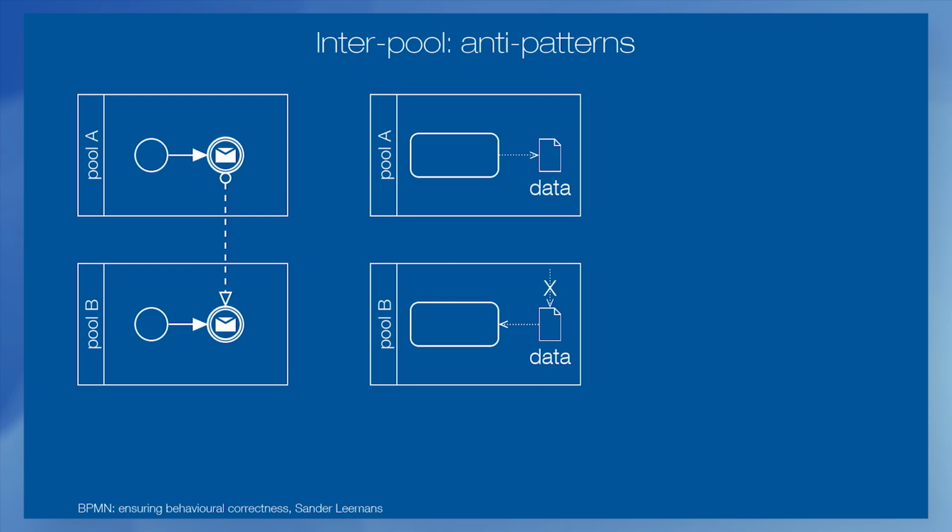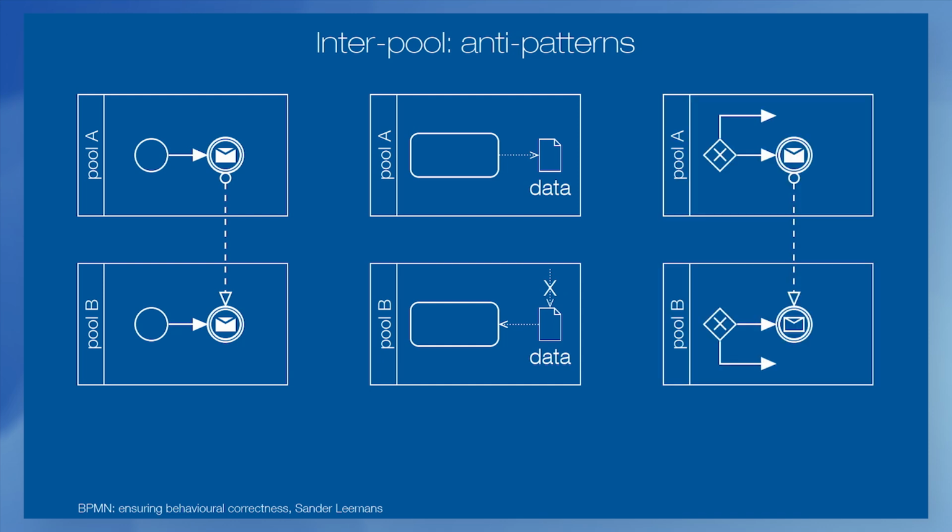So the fact that pool A has the data available does not mean that pool B also has it available. So this is again a potential deadlock. The only way to transfer information between organizations is using messages or signals. So here the data cannot magically jump between pools.